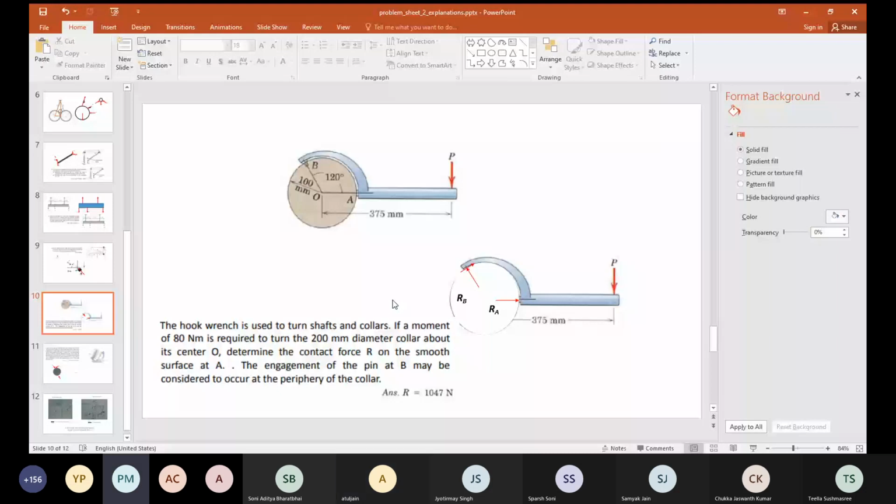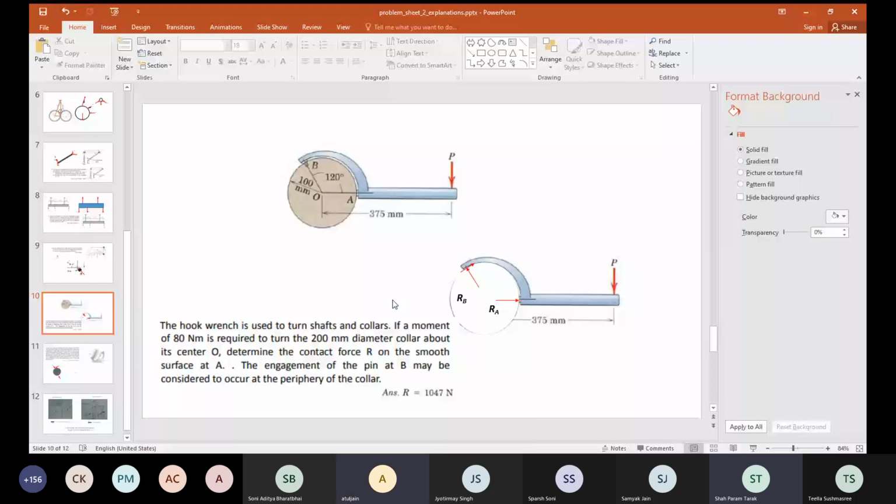Sir, RA and RB must be in opposite direction, no? Why is it in outward direction? You tell me. The thing will push the cylinder inside, no?